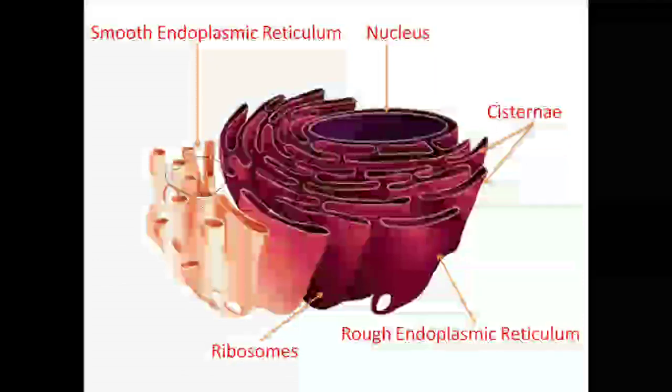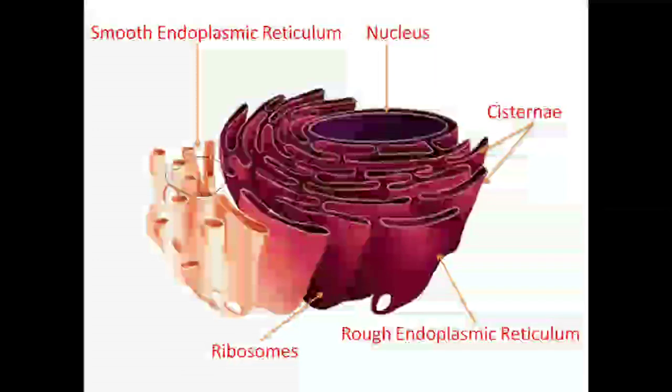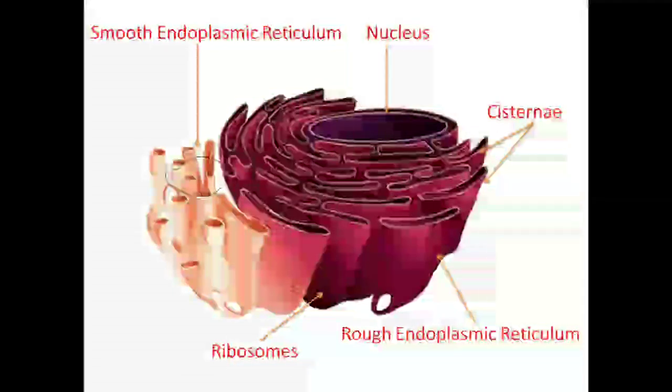And these flattened sac-like structures are called cisternae. So this is all about the basic structure of endoplasmic reticulum. As we can see, there are rough endoplasmic reticulum, smooth endoplasmic reticulum, and ribosomes and cisternae.